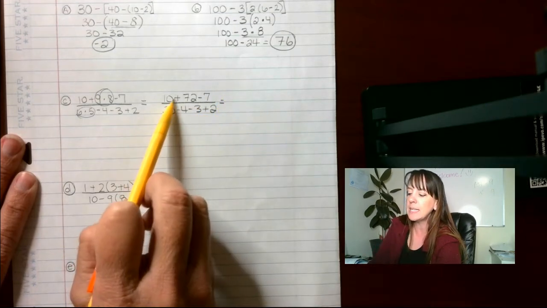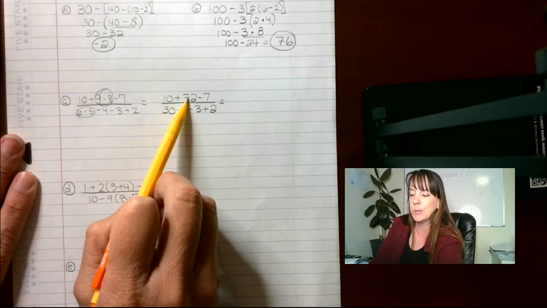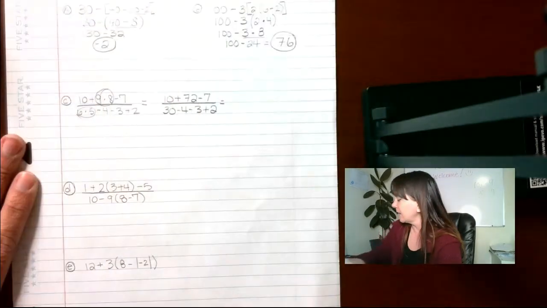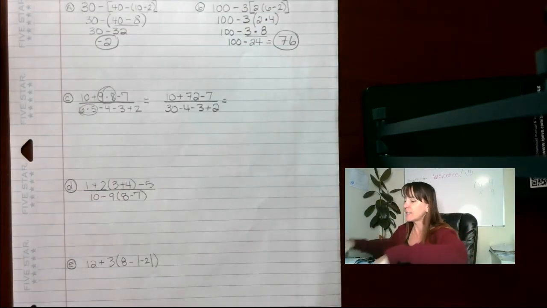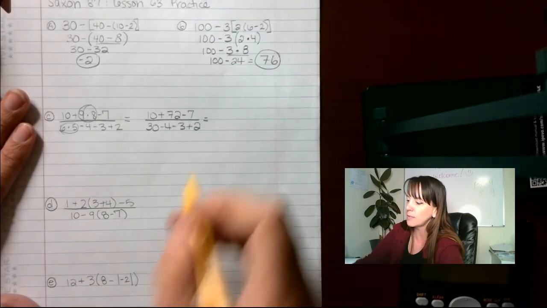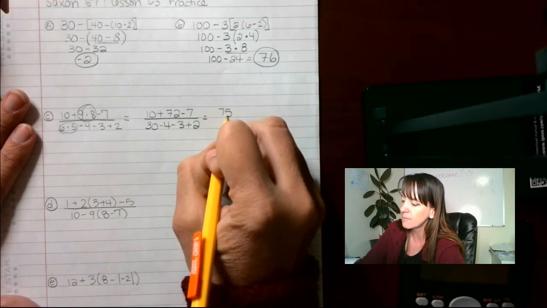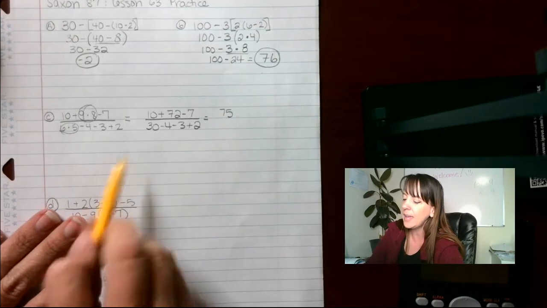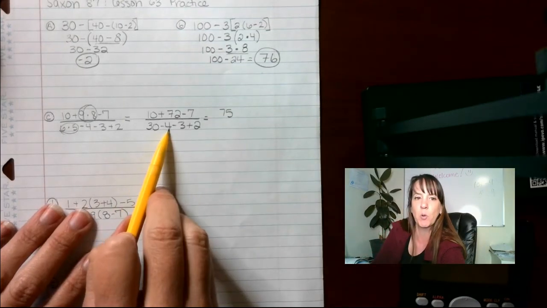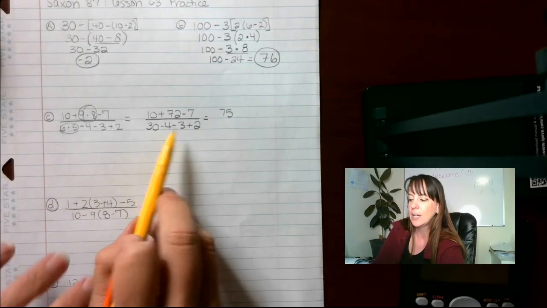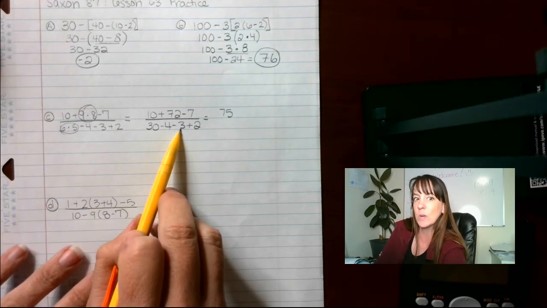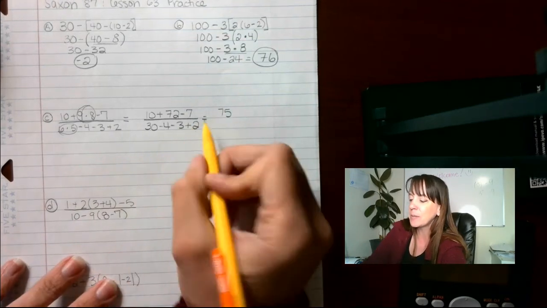Now upstairs we get 10 plus 72, which is 82, minus 7 is 75. And then downstairs we get 30 minus 4, which would give me 26, minus 3 would give me 23, plus 2 more would give me 25.